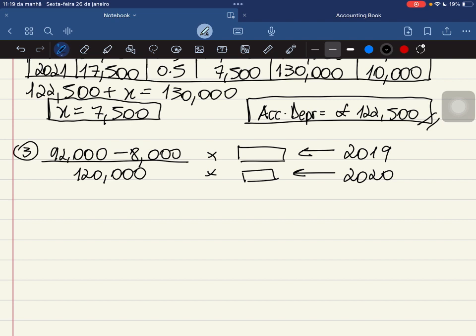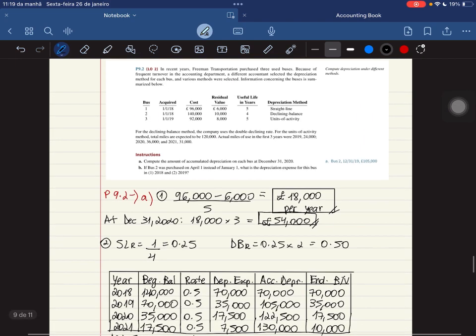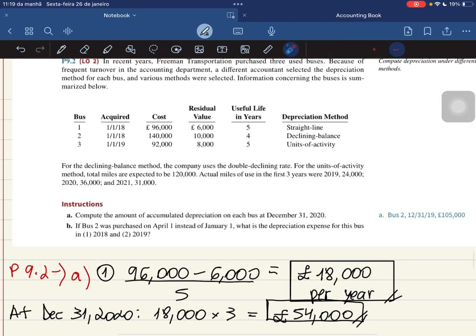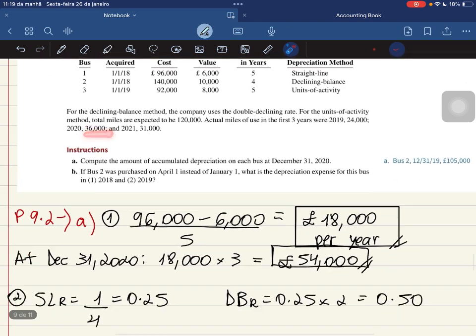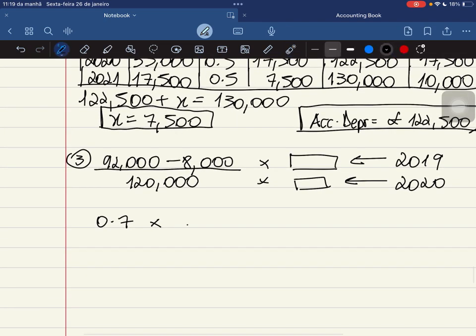So over here we have 0.7, and then for 2019, how much did they use? 24,000 and 36,000. So I'm going to multiply it by 24,000 and by 36,000.